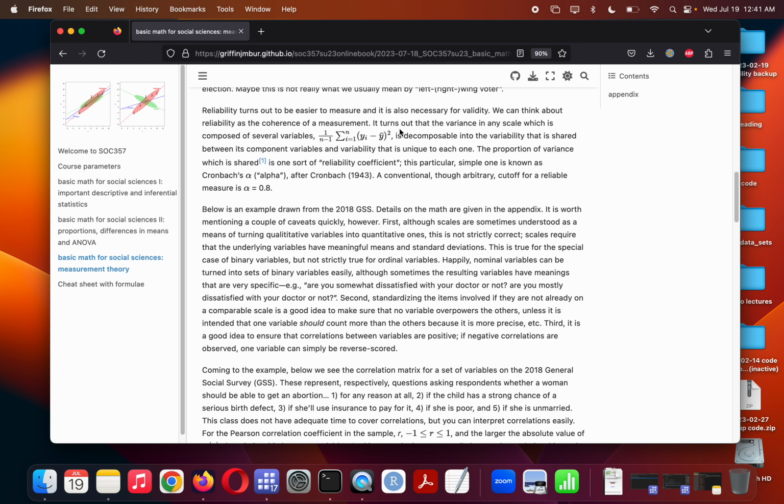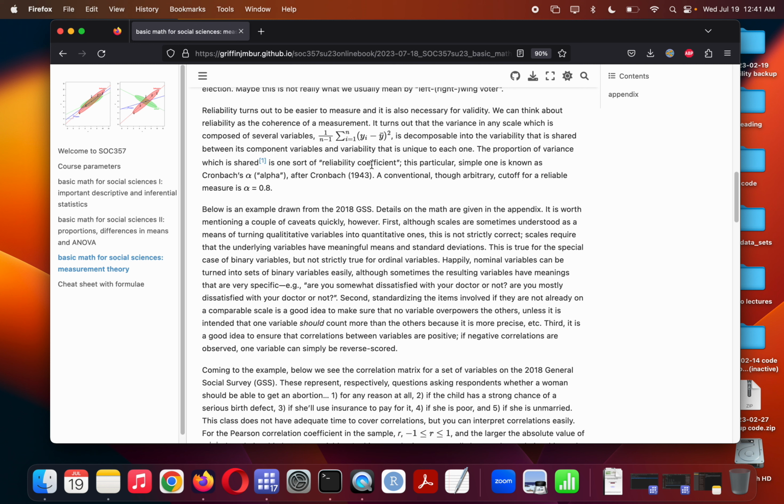You can decompose that variance into the variability that is shared between the component variables making it up when you do have a composite variable, and variability that's unique to each variable. The proportion of variance which is shared is one way of taking a reliability coefficient, and the one that we'll discuss here is known as Cronbach's alpha, after Cronbach, a pioneering American statistician.